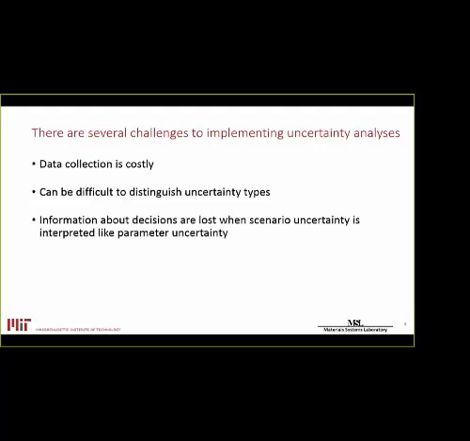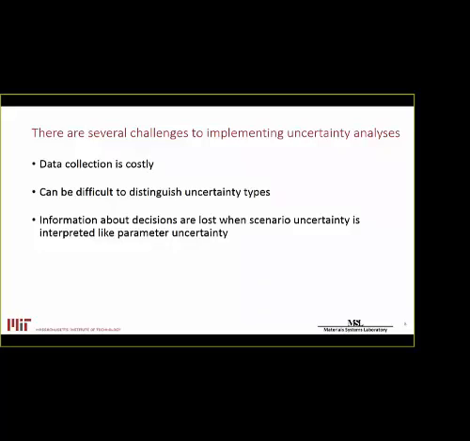Another thing that's a bit more subtle, but we've learned, is that information about decisions is lost when scenario uncertainty is interpreted like parameter uncertainty. What that means is that parameter uncertainty can be a combination of variation that's inherent in any measured data, but it can also be associated with something about data quality.